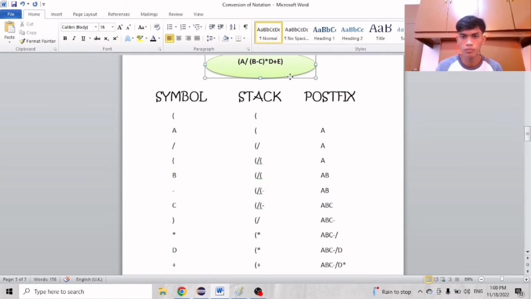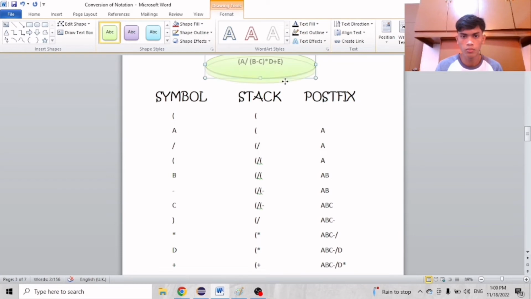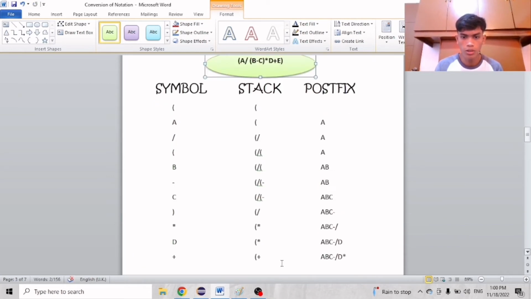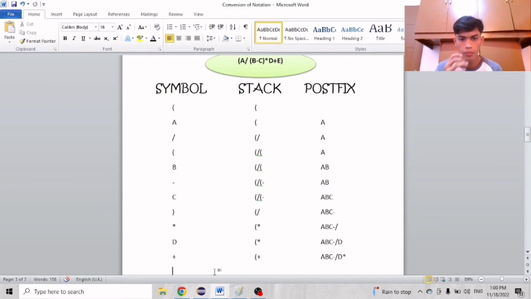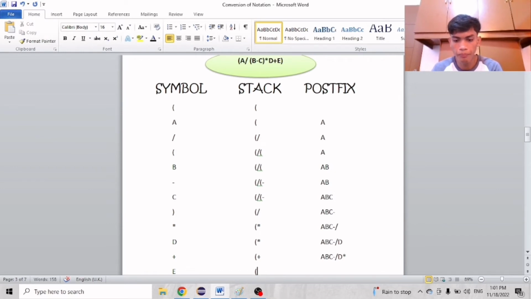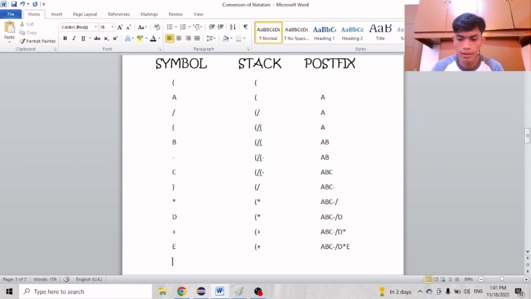Now, let's continue. Letter E. So we just copy it. The operand E we're going to put in the postfix. E. And lastly, the close bracket.